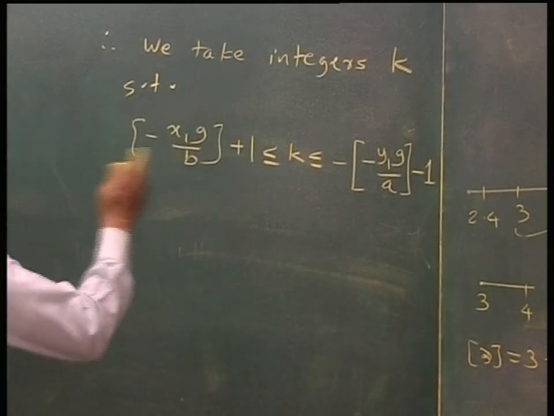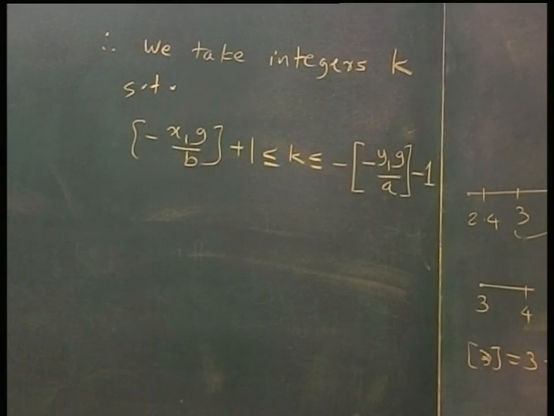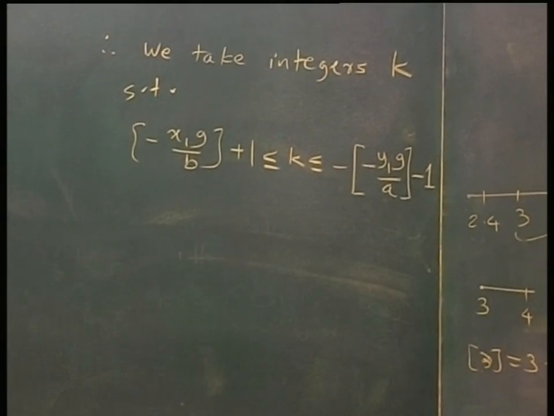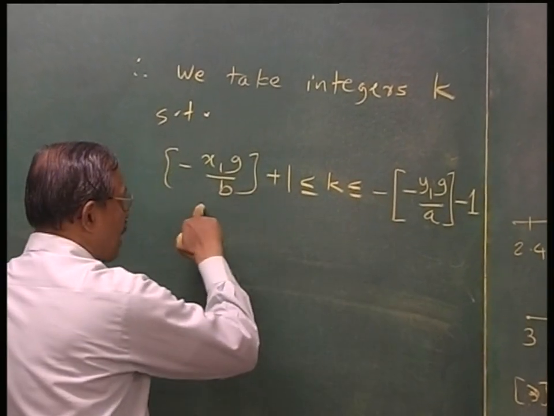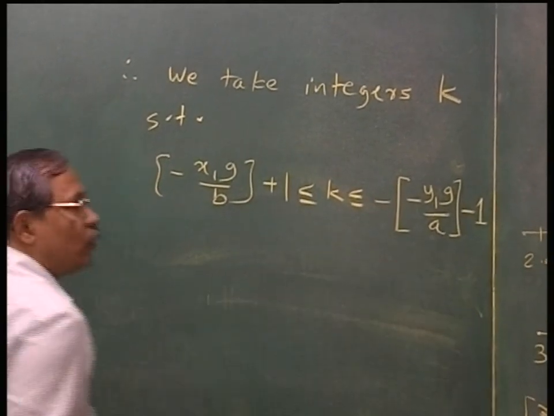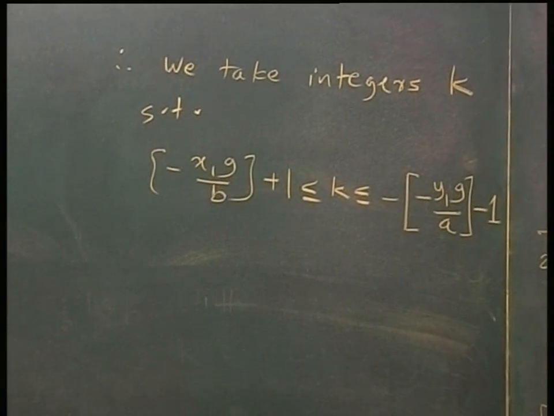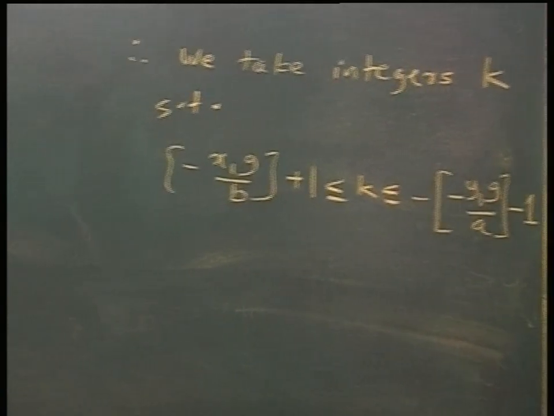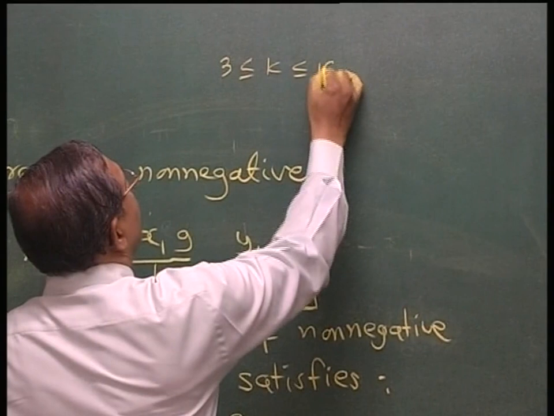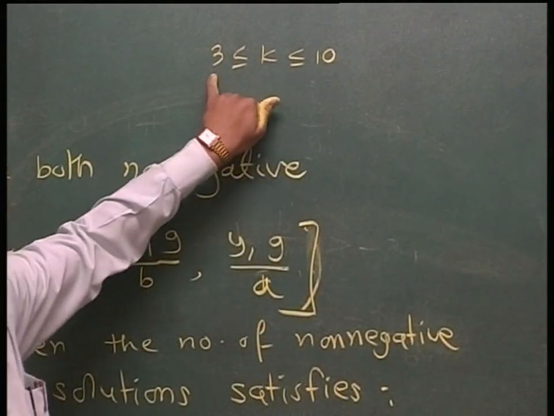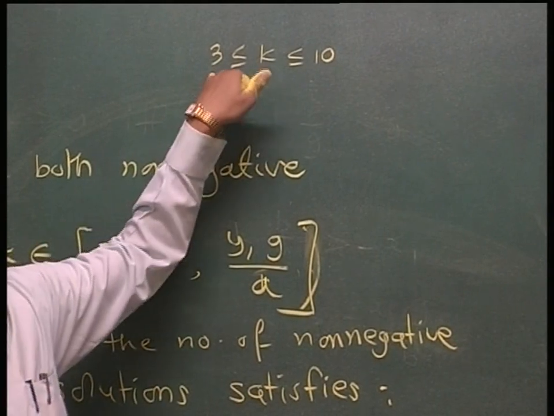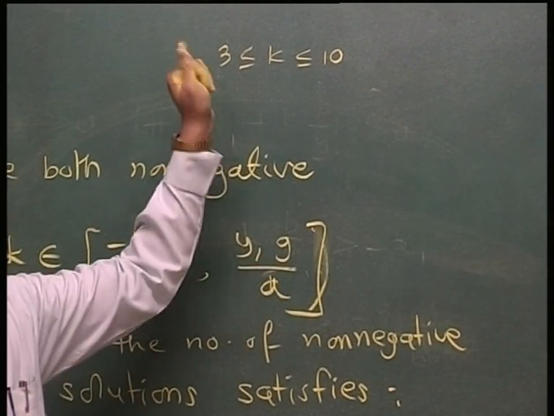How many integers are there which satisfy this property? See, this is now an integer, this is also an integer, and k can start from this end here. So usually, how many integers are there from say 3 less than or equal to k less than or equal to 10? The method is you subtract these two and add 1 to it. There are 8 integers, 10 minus 3 plus 1.